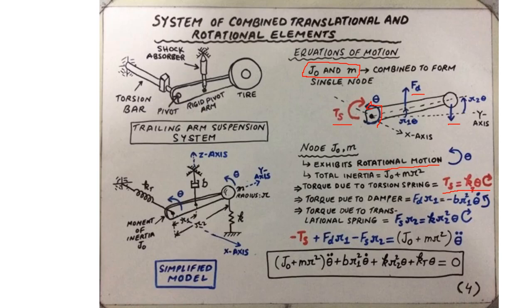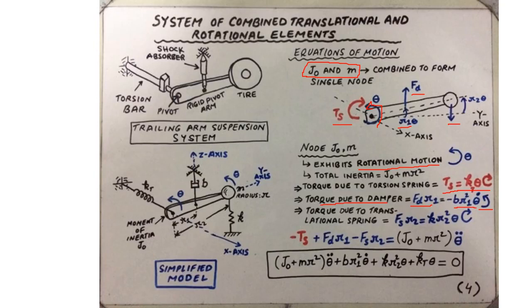The torque due to the damper will be the force multiplied by the moment arm, and in this case, the moment arm is the radius r1. And this damper force is responsible for exerting a counterclockwise torque, that is the force multiplied by the moment arm, minus b r1 squared theta dot.